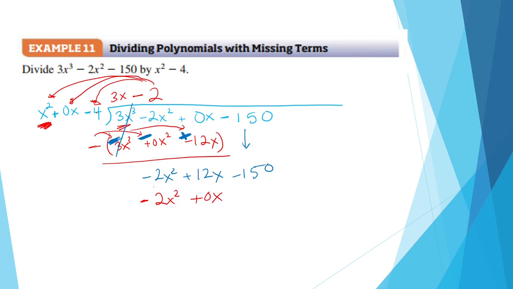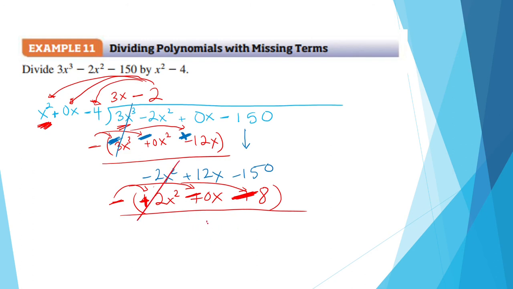Negative 2 times negative 4, that's a plus 8. I'm going to make sure to distribute the negative, so make sure to put the parentheses. This becomes a plus. This is a minus. And this becomes a minus.